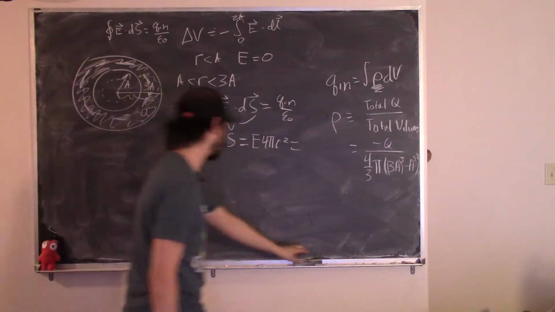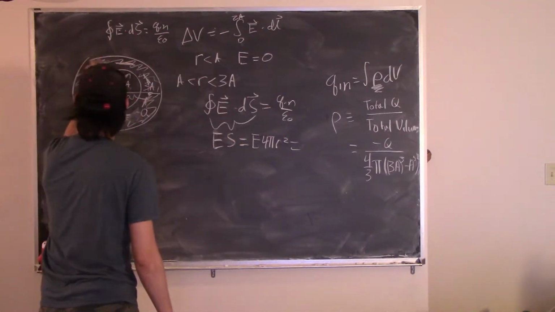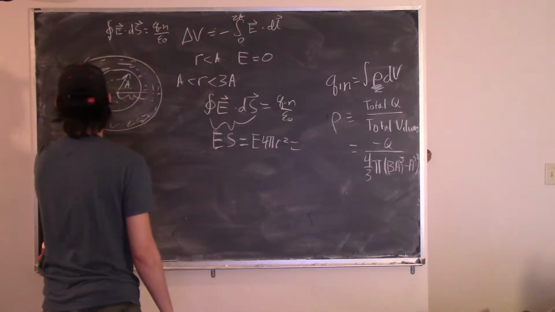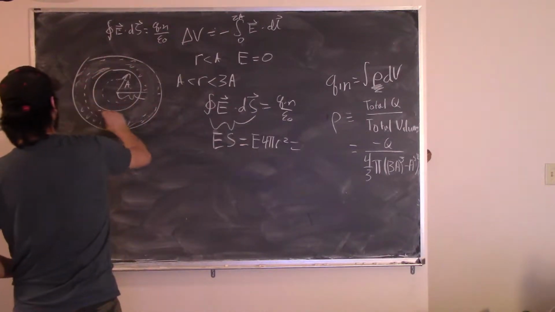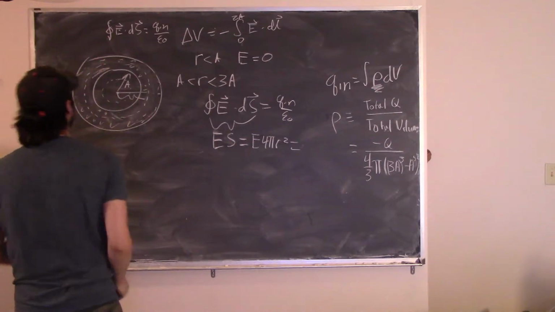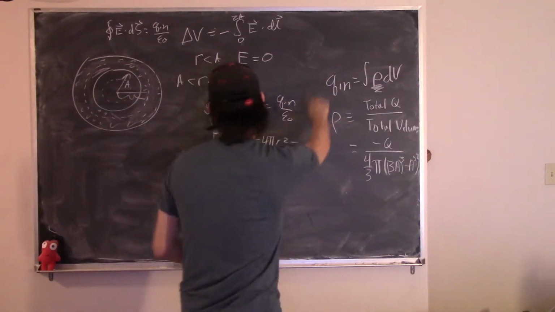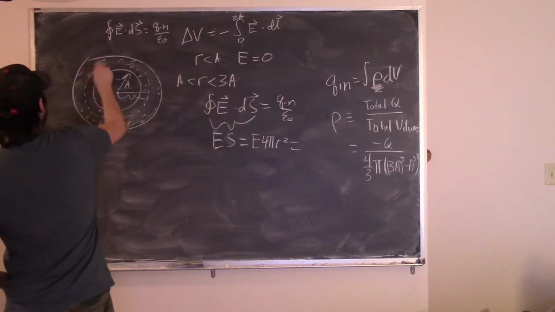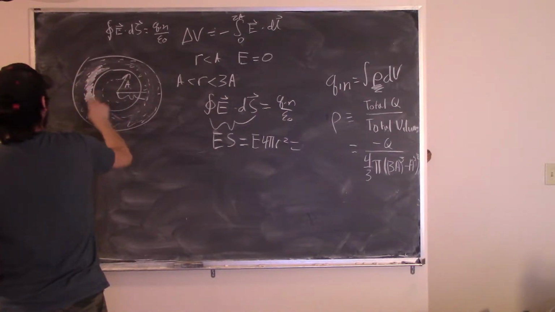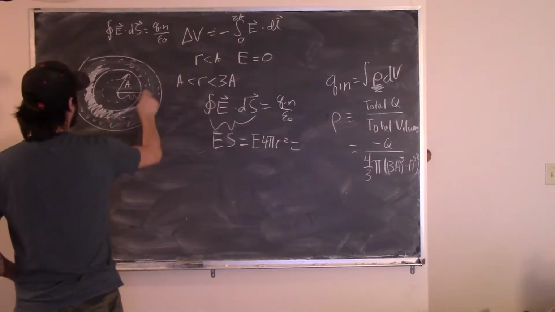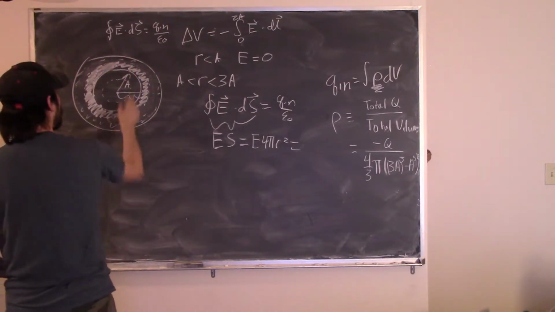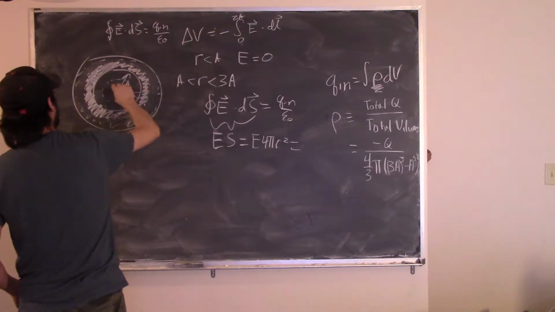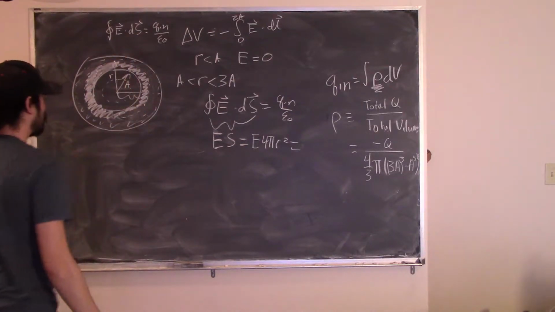I'm going to erase my shading here so that I can do some more shading. So here's our Gaussian surface. When we're finding Qn, it's the Q that's inside that surface. So this is what Qn is. It starts at A and goes up to the variable radius r.